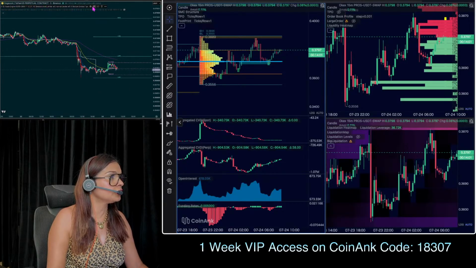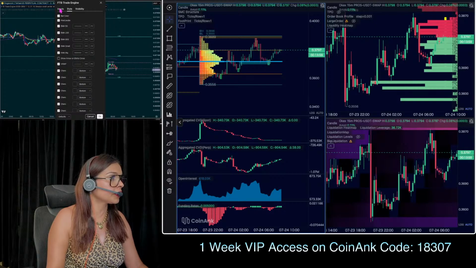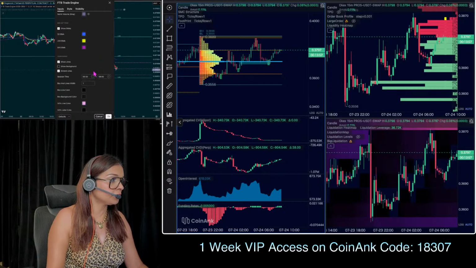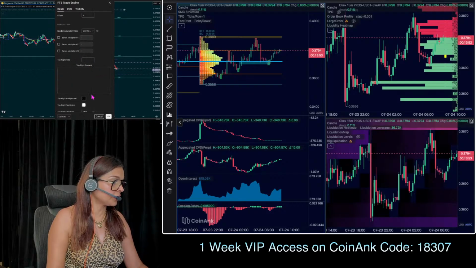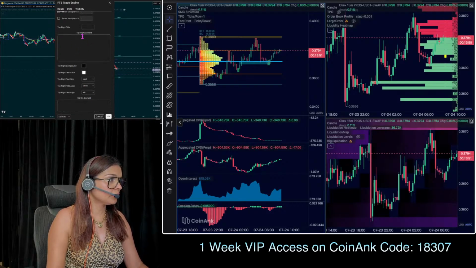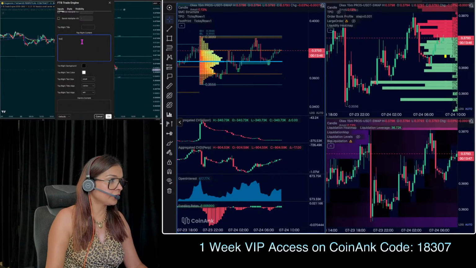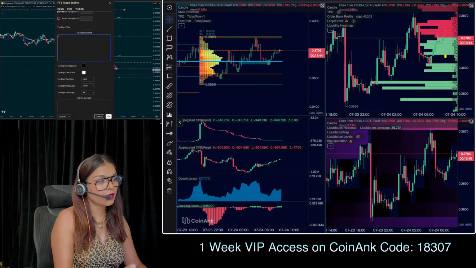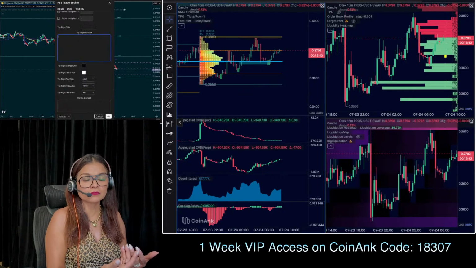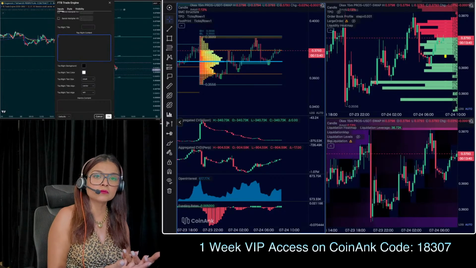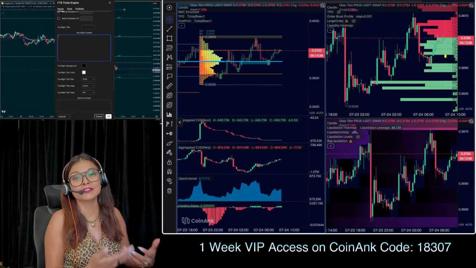If you go into settings on the indicator, you have all these different inputs. I've also added, for example, here in your top right corner, something here. I added that to enter my system or strategy rules so that I don't forget.